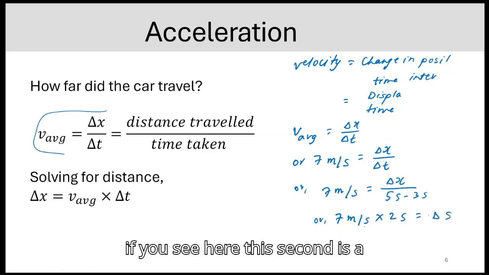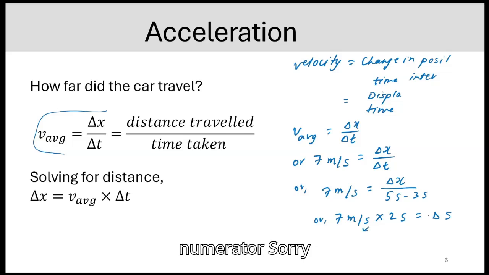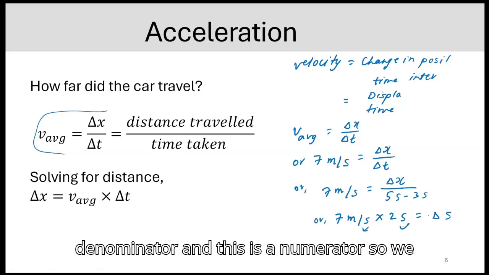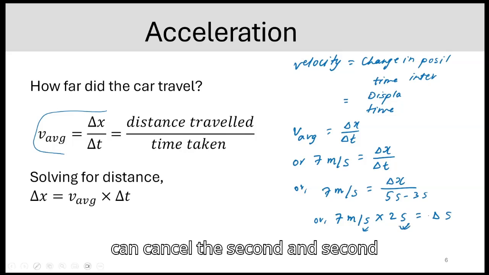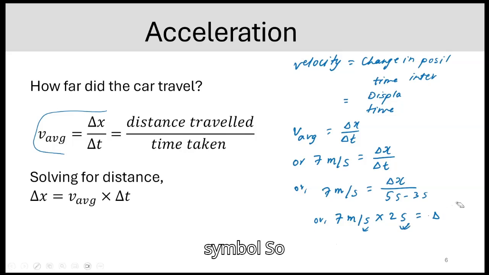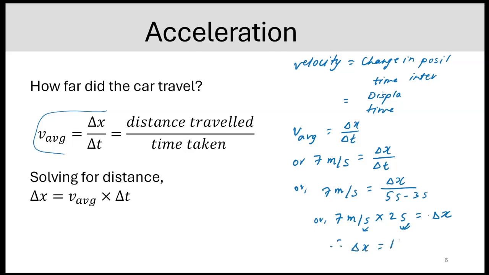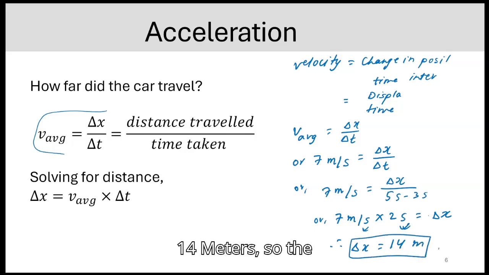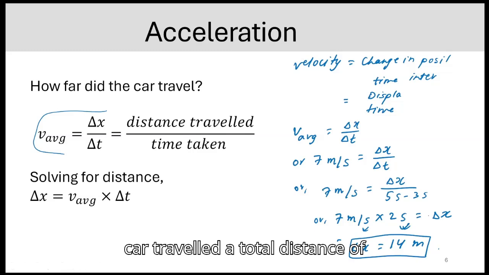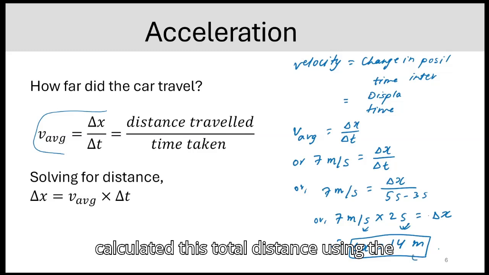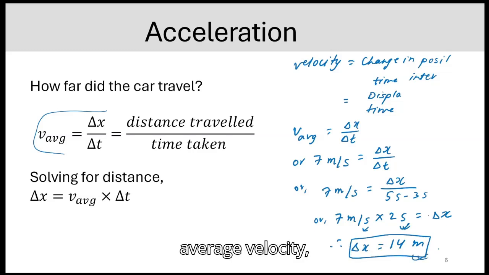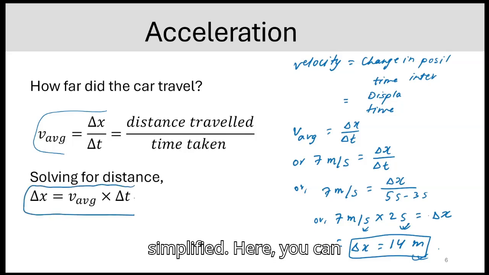Now if you see here, this second is a numerator, denominator, and this is a numerator, so we can cancel the second and second symbol. So we have delta x is equals to 7 times 2 is equals to 14 meters. So the car traveled a total distance of 14 meter, and we calculated this total distance using the average velocity. And this is also simplified here.